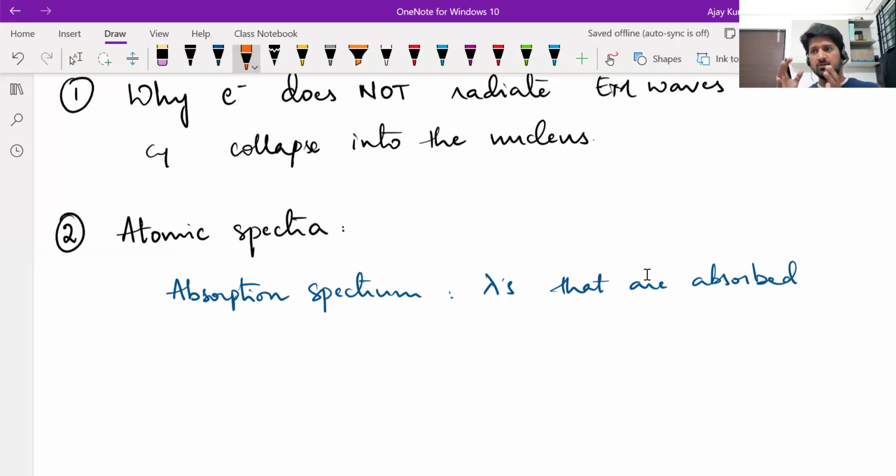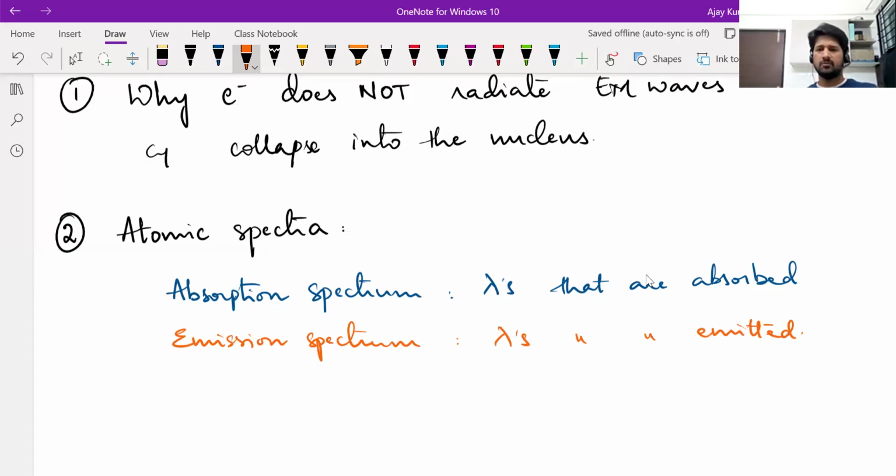They emit radiations of only certain wavelengths. That is called the emission spectrum of an atom. That's the set of wavelengths that are emitted by an atom. Rutherford's atomic model does not explain why only certain wavelengths are absorbed and why only certain wavelengths are emitted. So these are the two drawbacks of this model of the atom.